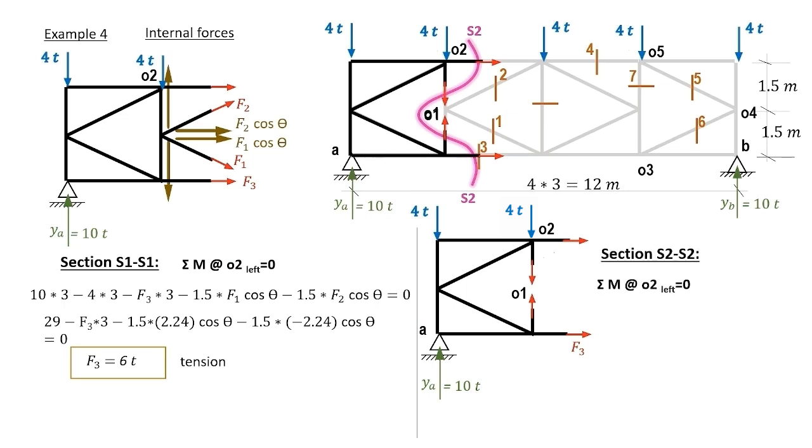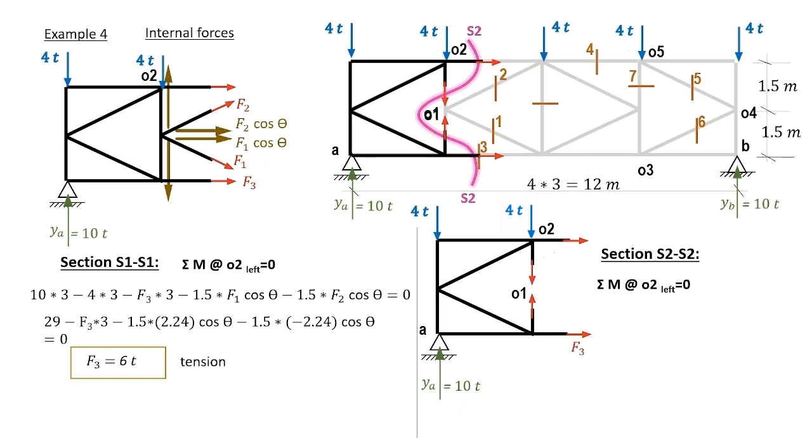We have sigma moments about O2 equal 0. This cancels three internal forces: the horizontal force and the vertical force passing by O2, and the vertical force passing by O1 because it really passes by O2 also. And we are left with the only force F3.